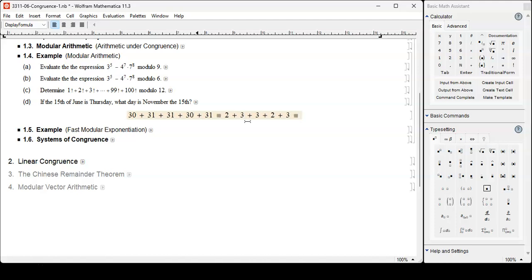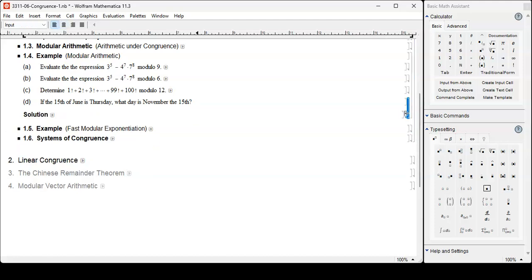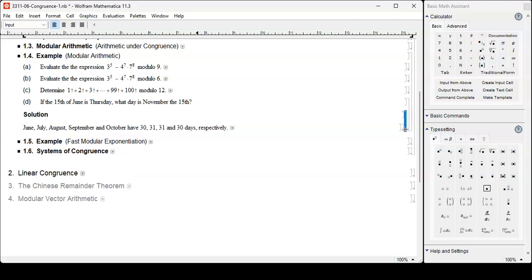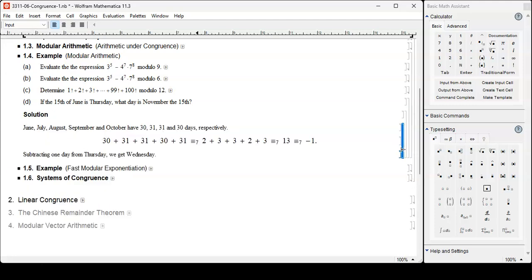So 2 plus 3 is 5, 5, 10, 13, which is congruent to 6 modulo 7, so minus 1. So Thursday, then minus 1. It should be Wednesday. Yeah, it should be Wednesday. I'm pretty sure I did it right. Let's see, what's my solution here? Yes, Wednesday.